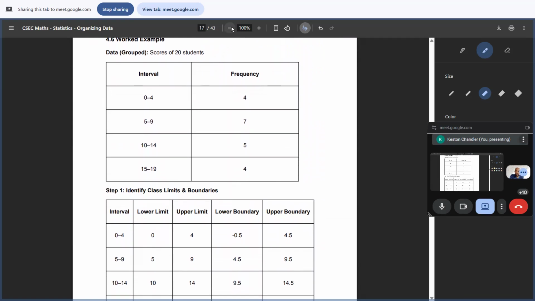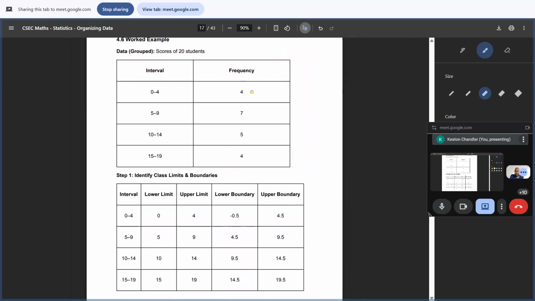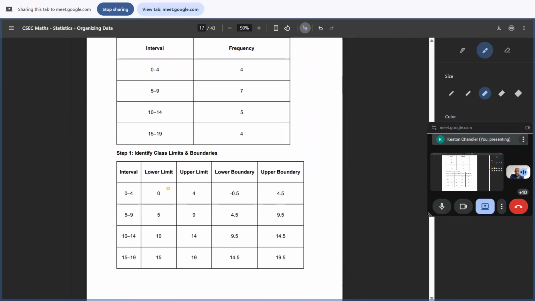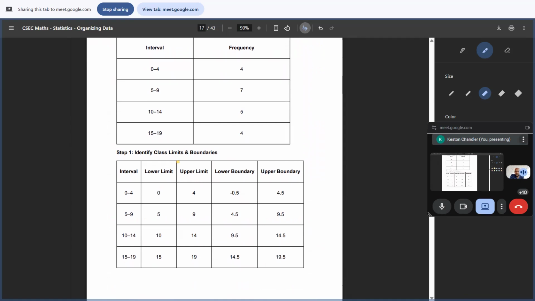All right. So let's try a little exercise together here. If we have the interval 0 to 4, frequency 4, 5 to 9, frequency 7, 10 to 14, 5, 15 to 19, we could work out our lower limits and upper limits by looking at each of these class intervals. In this interval, my lower limit is going to be 0, upper limit is 4.